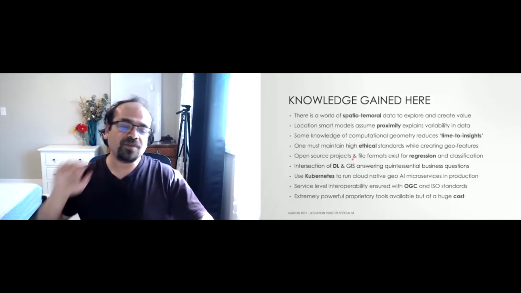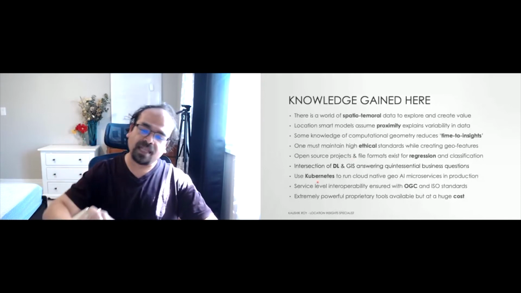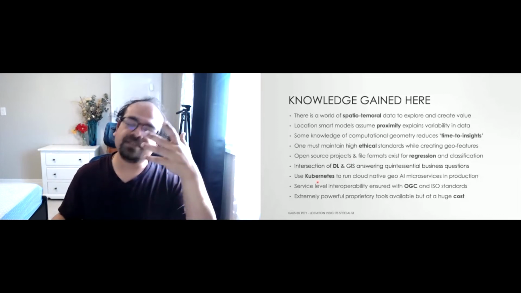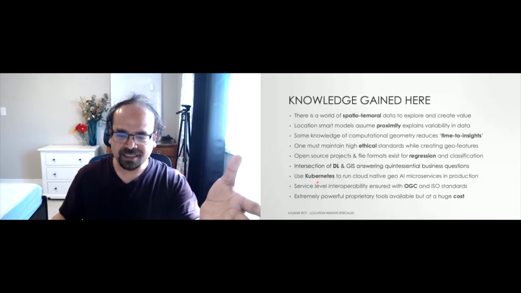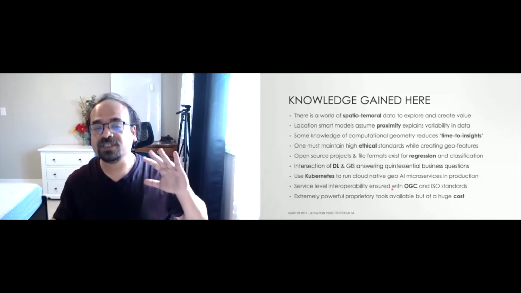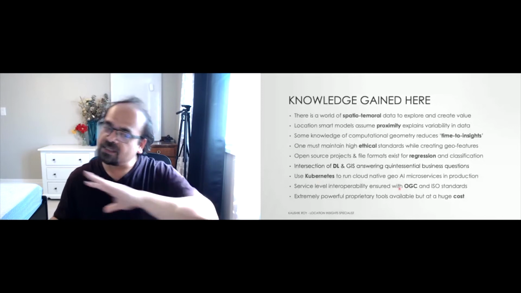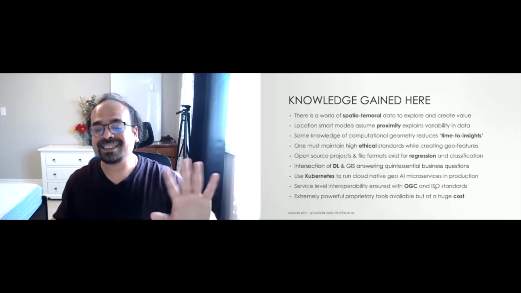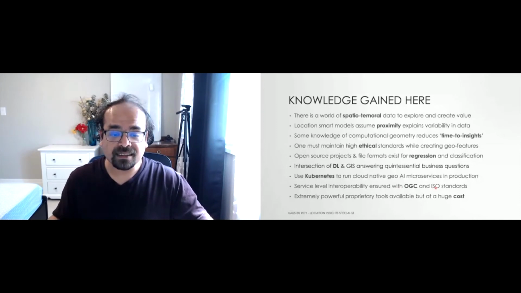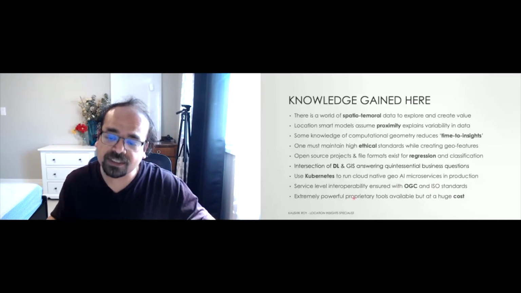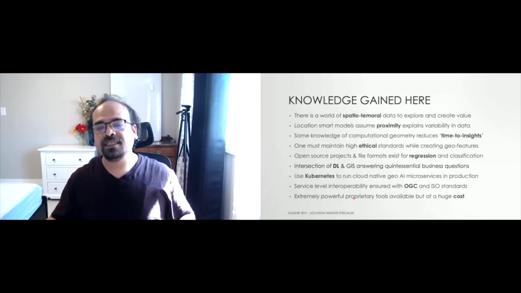Also, if you are using open source and the cloud, please make sure to use Kubernetes and microservices, because it is really cool and reproducible, right? If you want interoperable software, you have to work with OGC and ISO standards. Otherwise, you will not create value for your clients and will create more technical debt. And there are a lot of very powerful proprietary tools in the market, but they're actually really expensive, right?